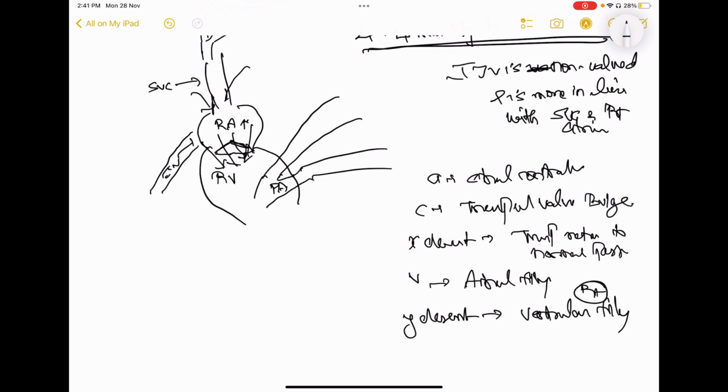As the tricuspid valve opens, the blood rushes back inside the right ventricle, and the pressure on the right atrium falls, so you have the Y descent.